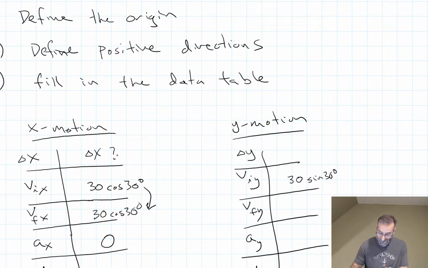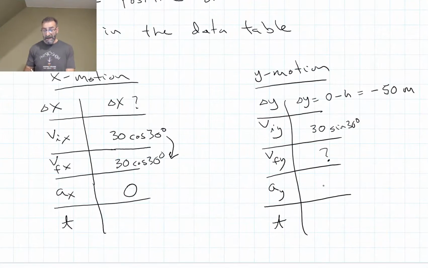That's an unknown. And delta y is final minus initial, negative 50 meters. I do not know my final y velocity, but I do know my acceleration, don't I? 9.8 meters per second squared. In what direction? In the negative direction.